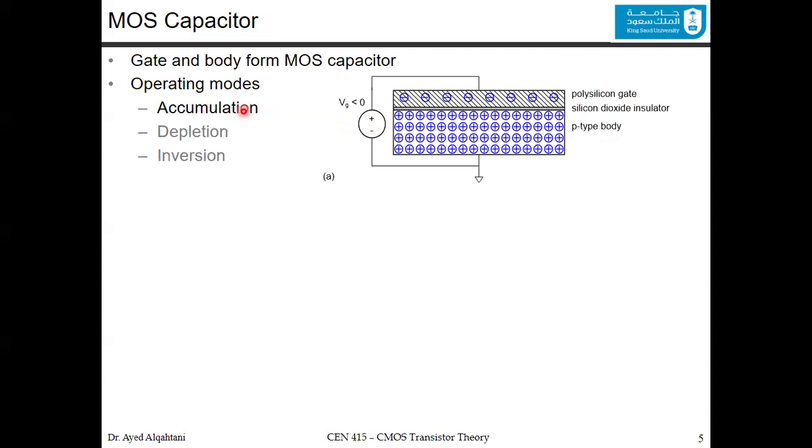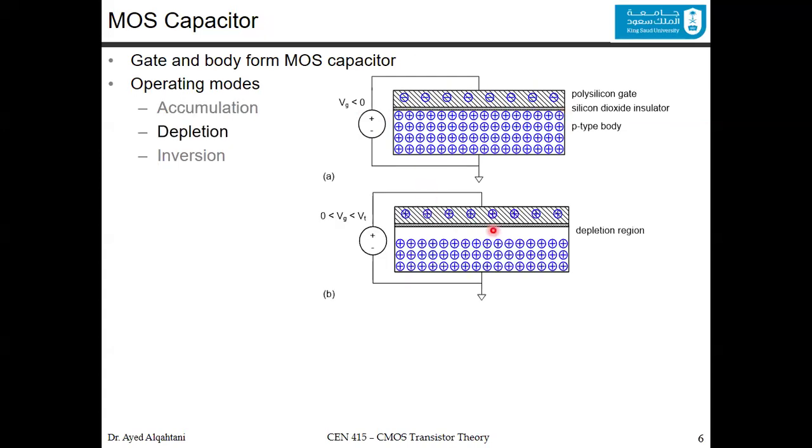Why do we call it accumulation? Because this region right below the insulator is a region of interest to us that we will call later the channel when we build up the transistor. And since we have positive charges all over the channel, we call it accumulation mode.